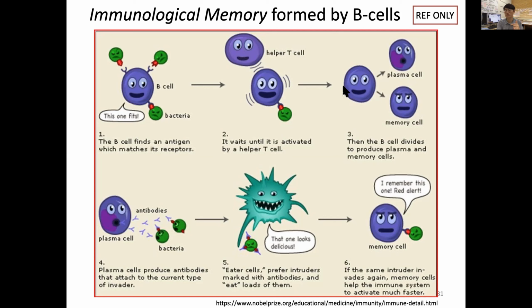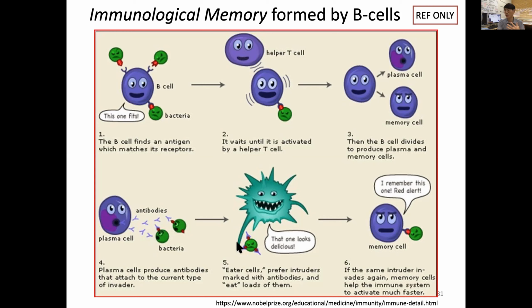making the B cell proliferate and differentiate into plasma cells and memory cells. Those plasma cells will produce antibodies that attach to the current type of invader, and they will also proliferate to generate many antibodies.